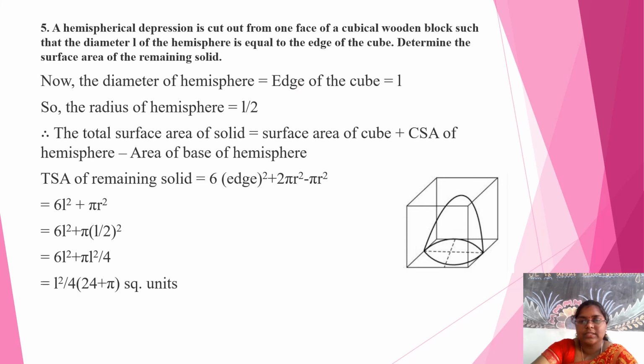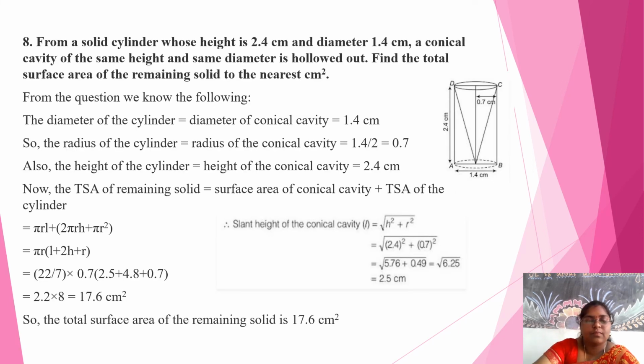So next question, 8th question. From a solid cylinder whose height is 2.4 centimeter and diameter is 1.4 centimeter, a conical cavity of the same height and same diameter is hollowed out. Find the total surface area of the remaining solid to the nearest centimeter square.